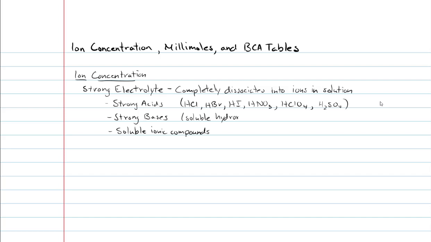So this will definitely include the group 1 hydroxides, such as sodium hydroxide, potassium hydroxide, lithium hydroxide, and although I'm not going to write them here, rubidium hydroxide and cesium hydroxide. Also, barium hydroxide, although it is much less soluble than the group 1 hydroxides.